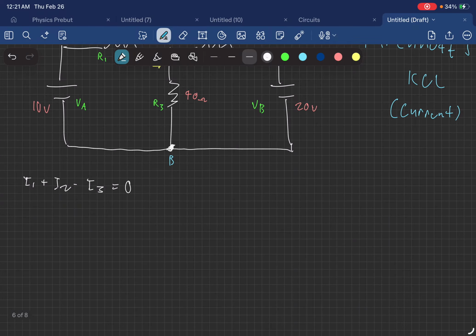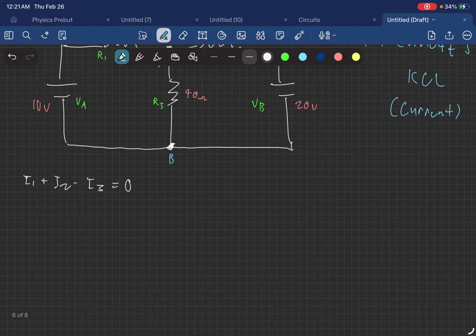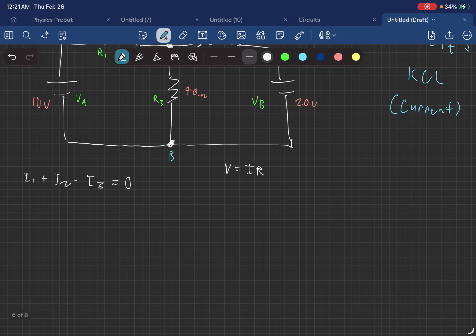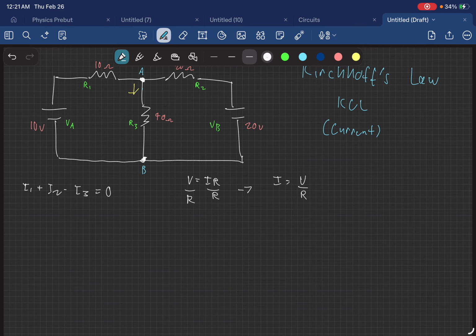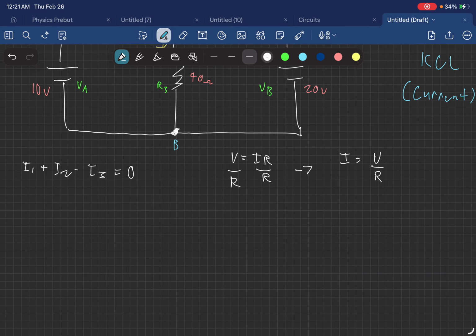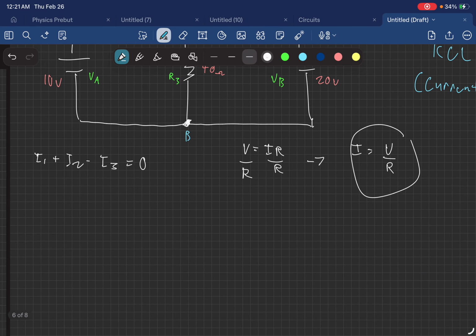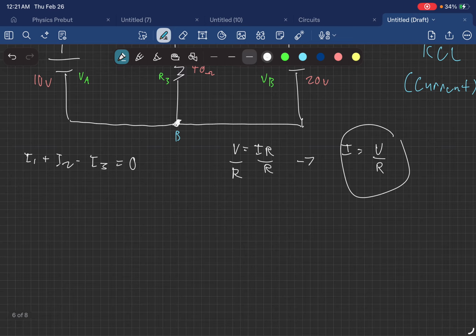So let's go back to Ohm's law. Remember, V equals IR. If you divide both sides by R, we'll be able to isolate our current. So like this, we have I, the current, is equal to V over R, voltage over resistor. And we can use this and substitute it with our currents.